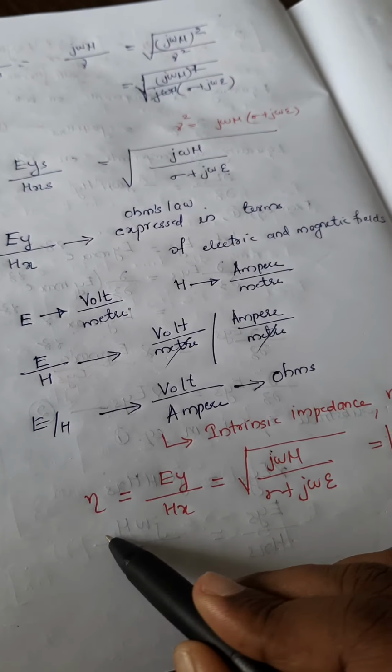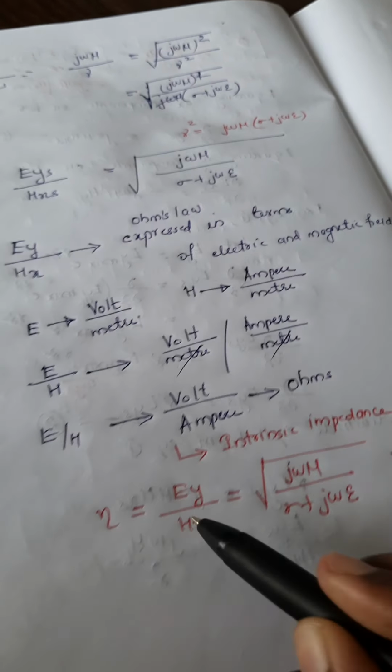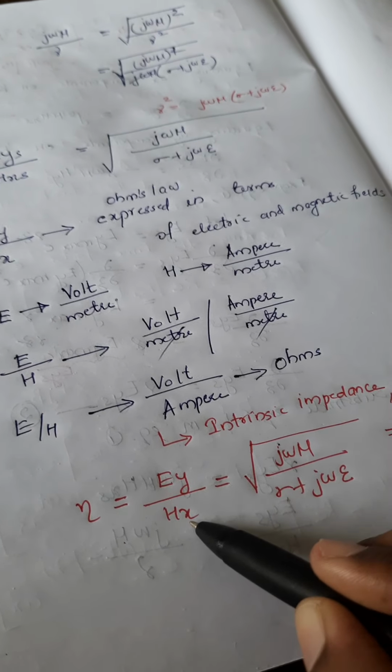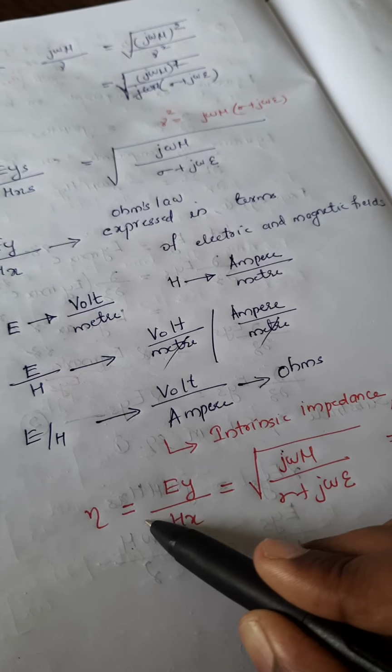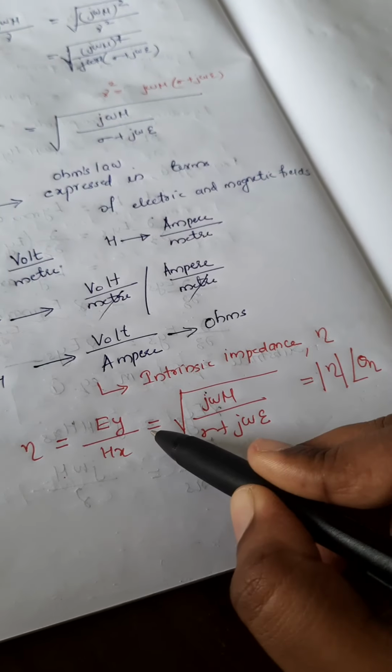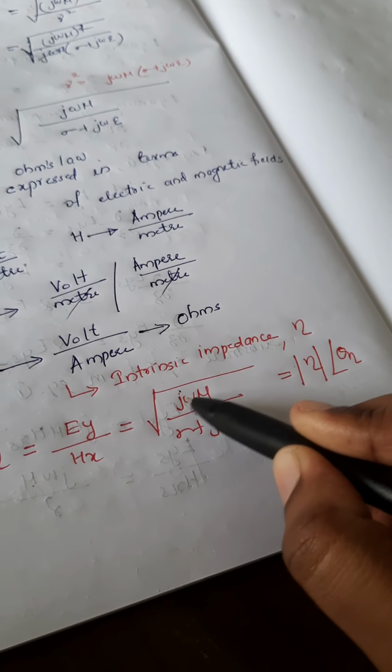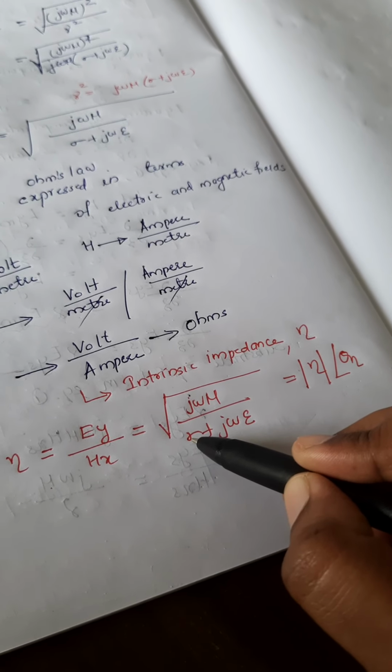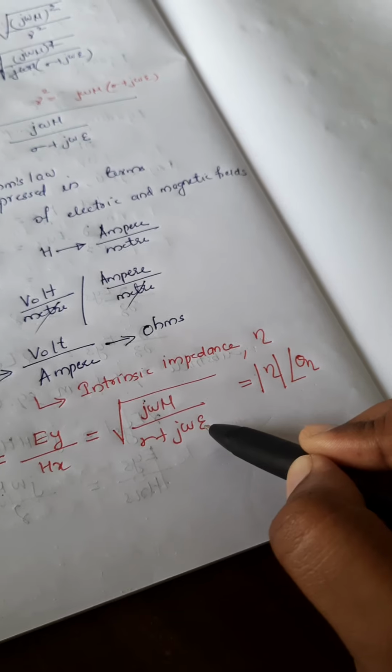And this intrinsic impedance is a very important term. Its value is Ey by Hx, its unit is ohms, and it equals the square root of j omega mu by sigma plus j omega epsilon.